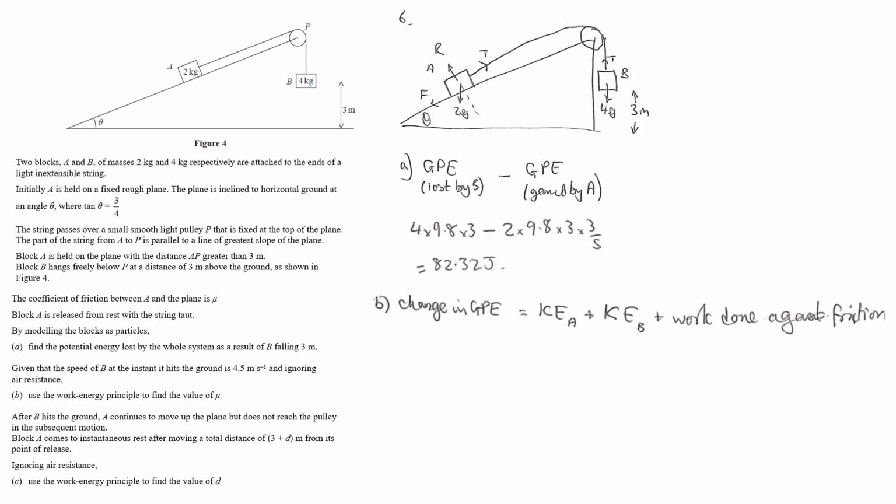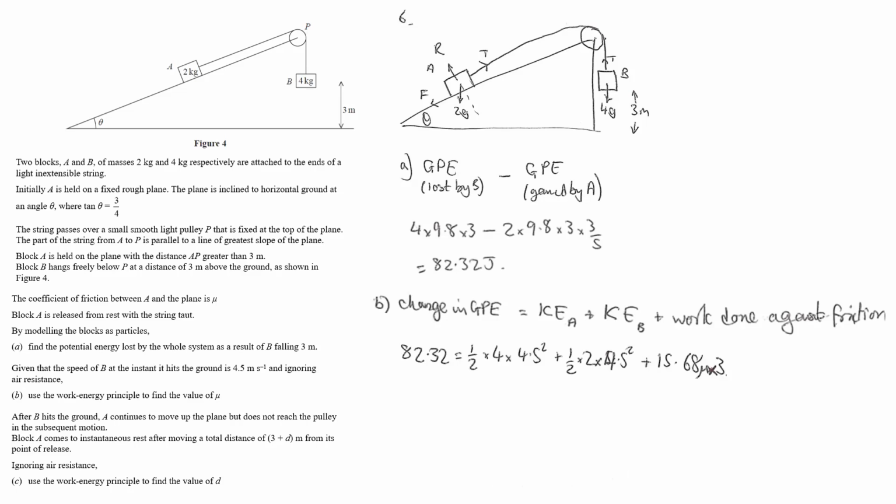So the change in gravitational potential energy is equal to, now that all of that is converted, the kinetic energy of A plus the kinetic energy of B, because the whole thing acts as one entity, plus any work done against friction.